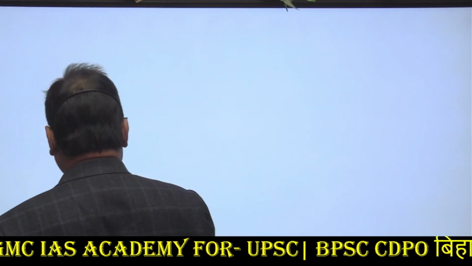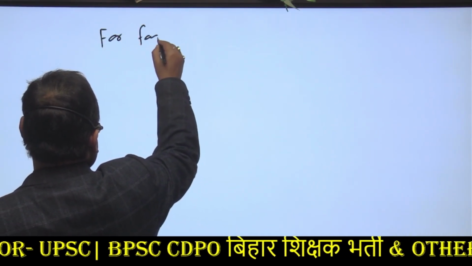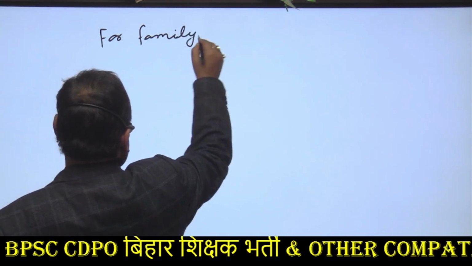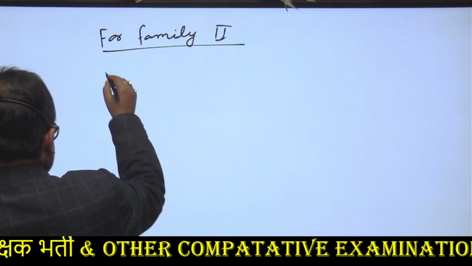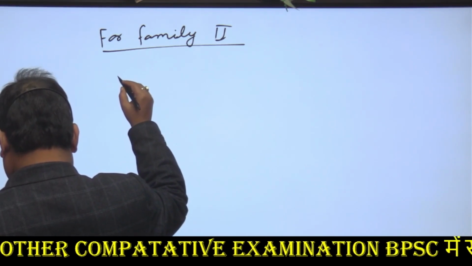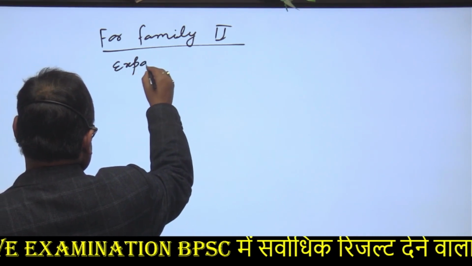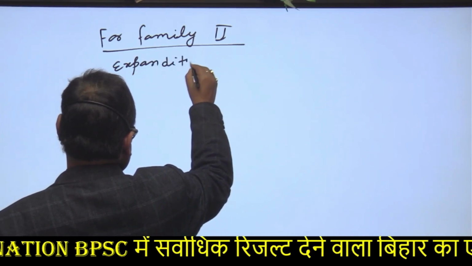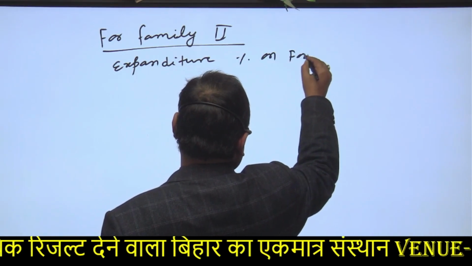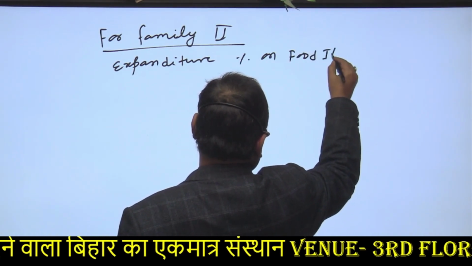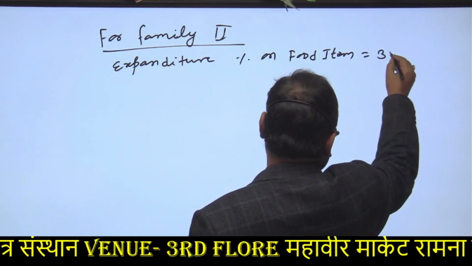Similarly, for family second, expenditure percent on food item equals 33% from the figure.